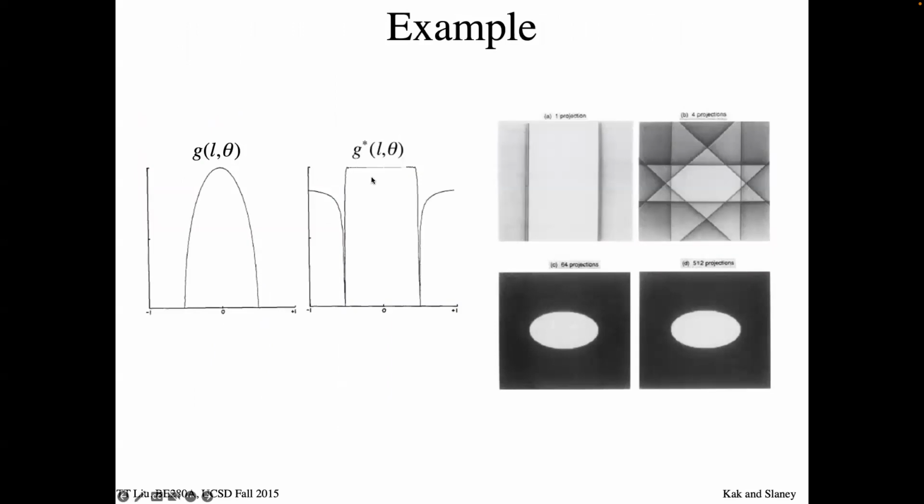I get this. A few things can be noticed right off the bat. One, if we back project this thing, it's never going to give you an ellipse with a constant value in the middle. It can't. It has these humps, so it's always going to have a hump in the middle as you back project. This one, on the other hand, has a nice flat top, flat along this way.